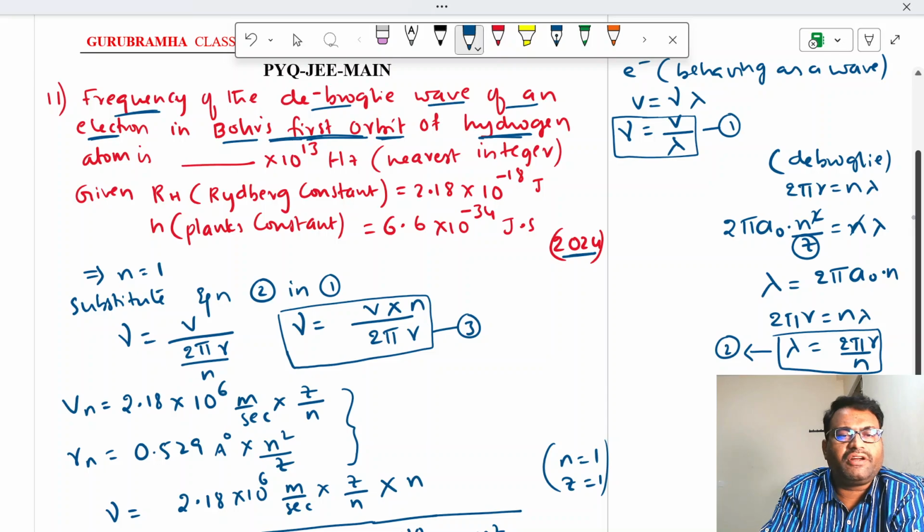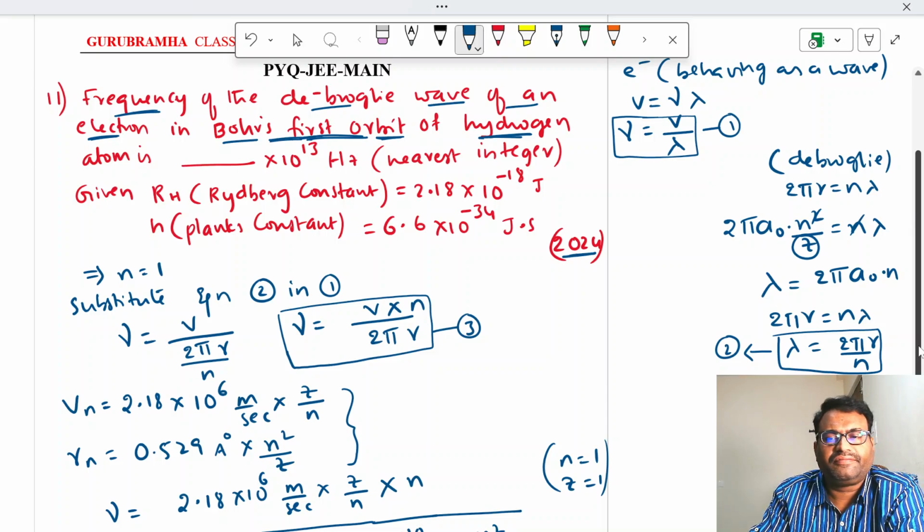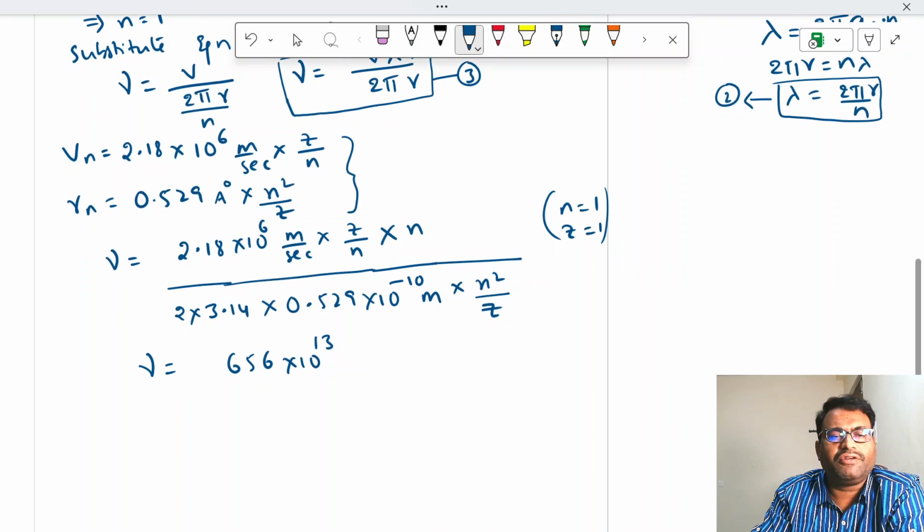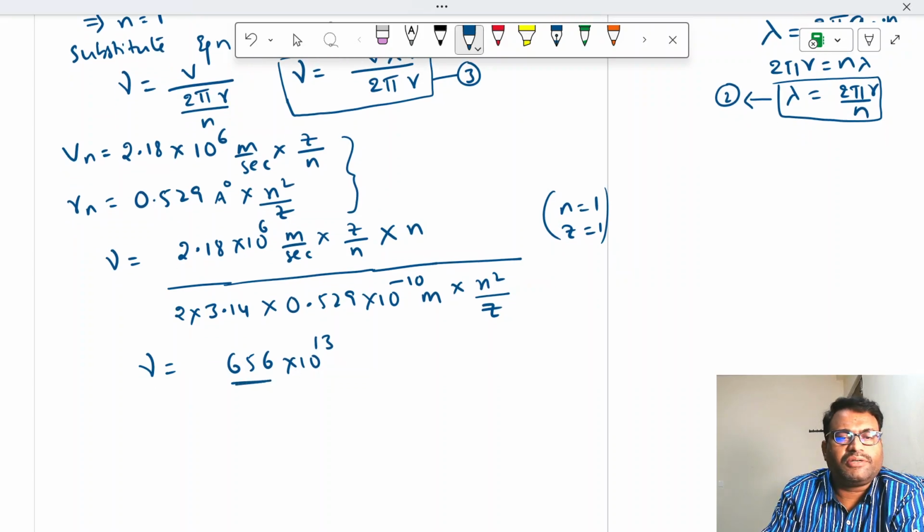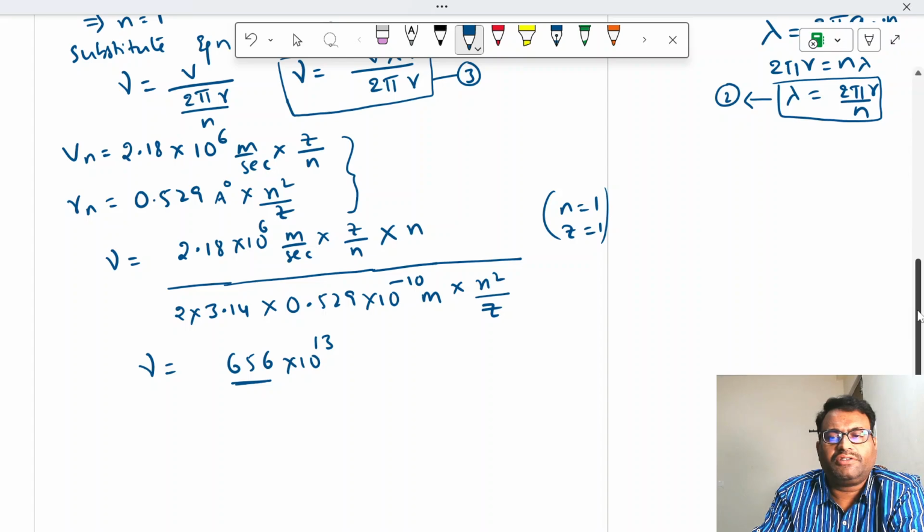Dash into 10 power 13. On substituting this, we get this value. Okay. So the answer will be 650.